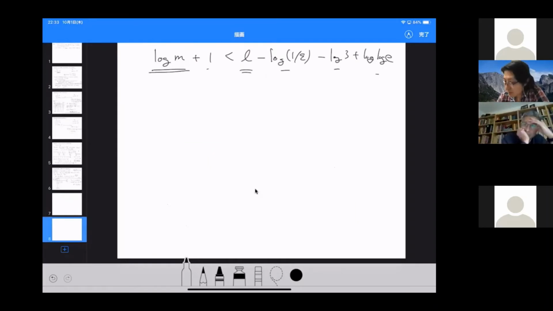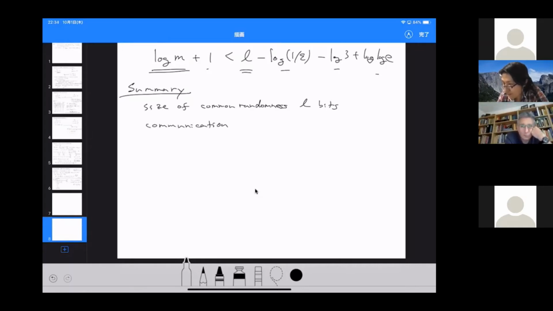So in summary, there exists an identification protocol such that the size of common randomness is L bits, and the communication cost is k equal log of 1 over epsilon.